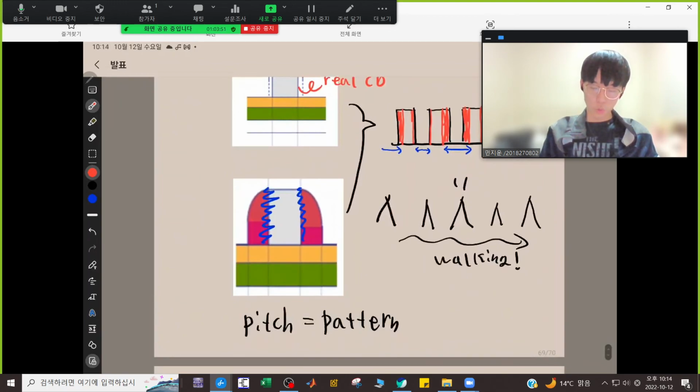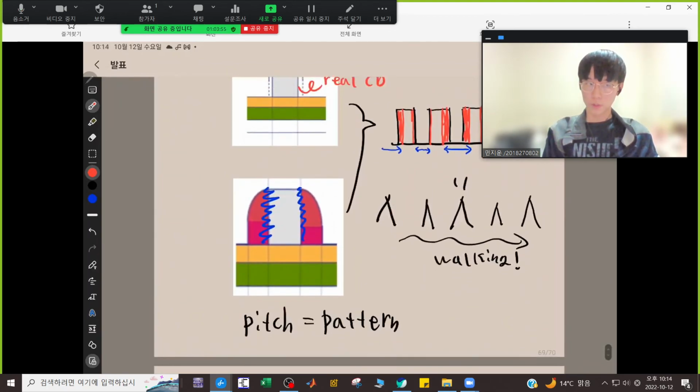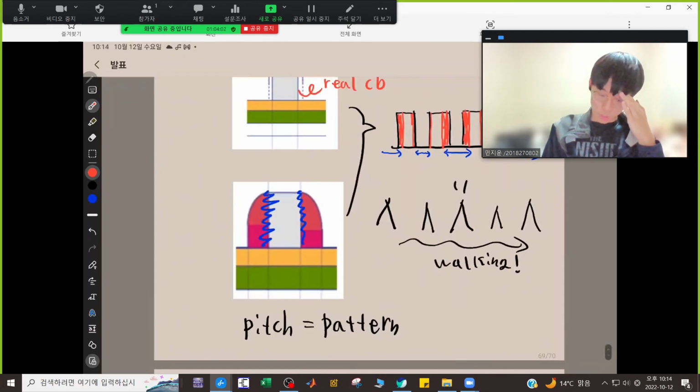And also in the hard mask mandrel removal process, if we etch this mandrel, this etching damages the spacer inside and outside.